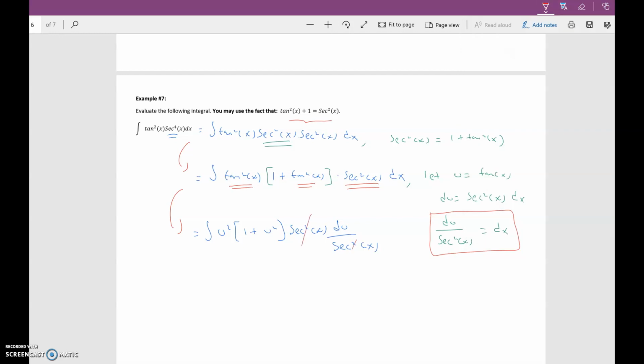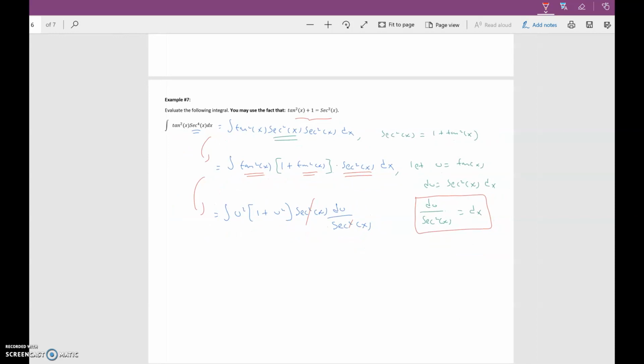And other ways of arranging the original problem might have worked as well. So as I mentioned before, I was just trying to extract a secant squared from the secant to the fourth, since technically we're given the identity as a hint to attempt some sort of a substitution.